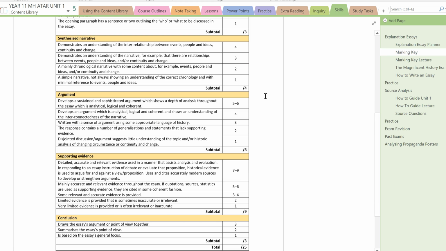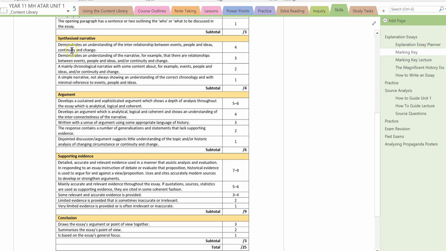So a synthesized narrative is almost like the events of what's coming through. So in that, you are looking at possibly the series of events that are in your topic. You need to show how they interrelate, and that's between events, people, ideas, and you're looking at your short and long-term change.